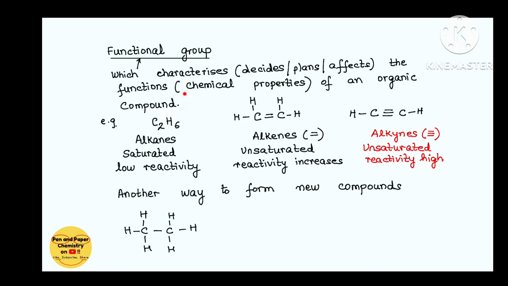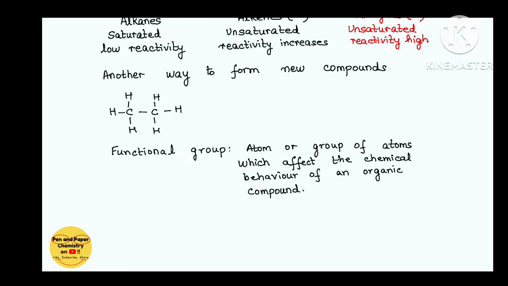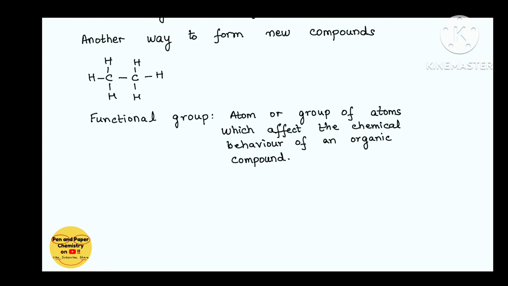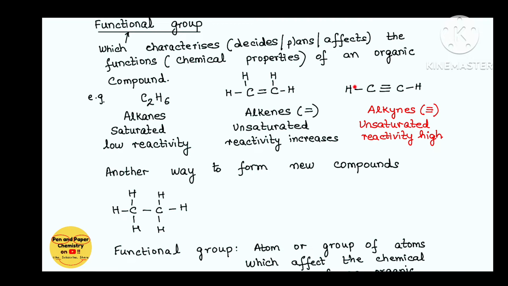You can even say a functional group is an atom or group of atoms which affect the chemical behavior of an organic compound. That's how you define it. This could also include the double and the triple bond.